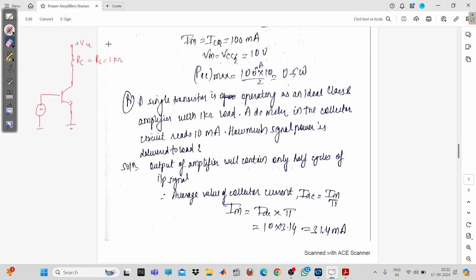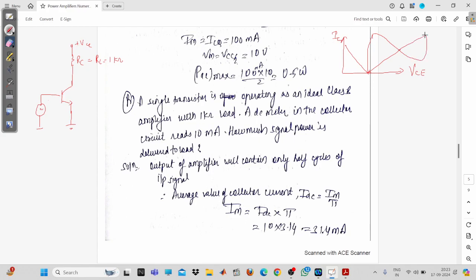If I plot the IC and VCE curve, what is going to happen? Suppose we take that the operating point is lying at the cutoff. This is the AC signal which you want to amplify.